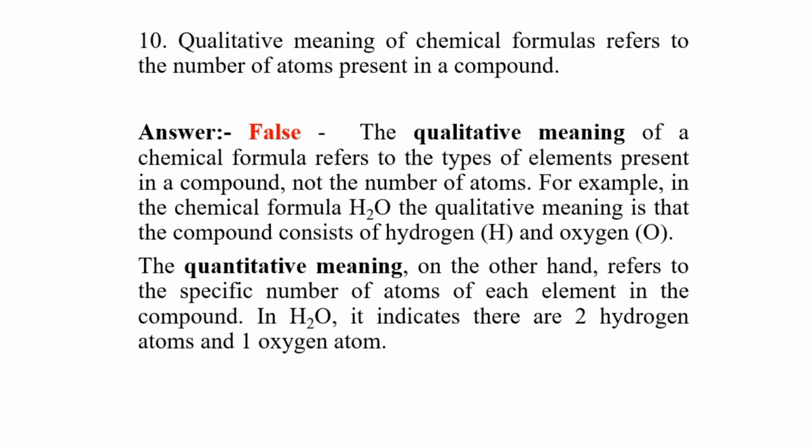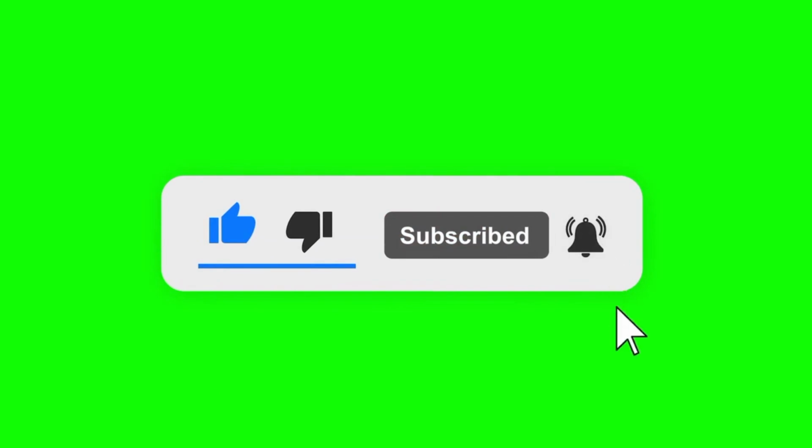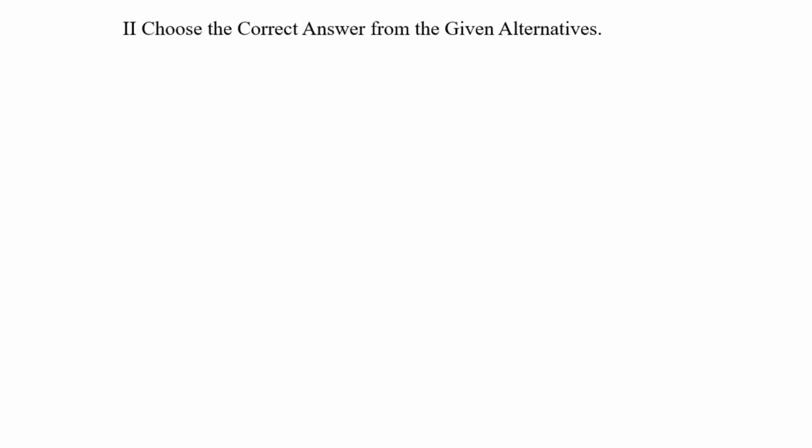In H2O, it indicates there are 2 hydrogen atoms and 1 oxygen atom. Choose the correct answers from the given alternatives.